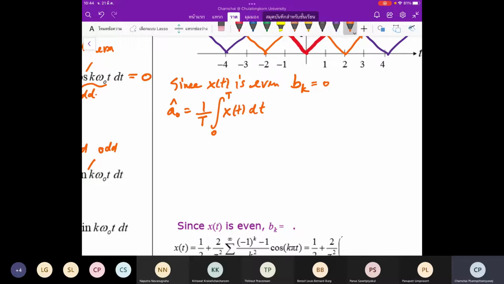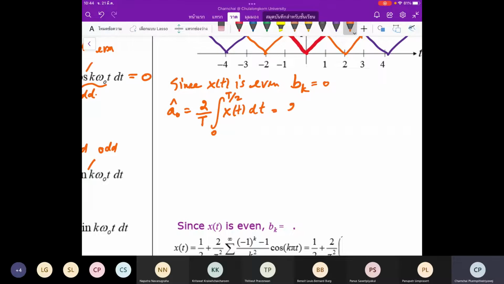However, since it's even, we can take twice the integral over just half a period.